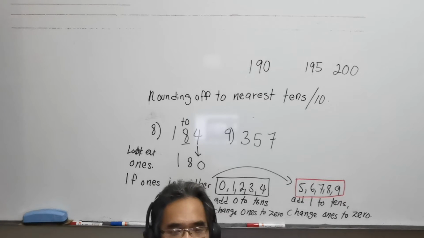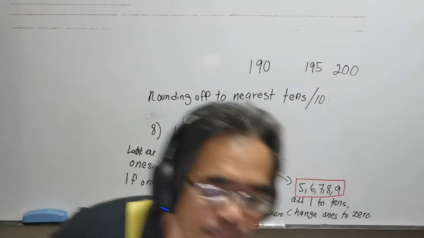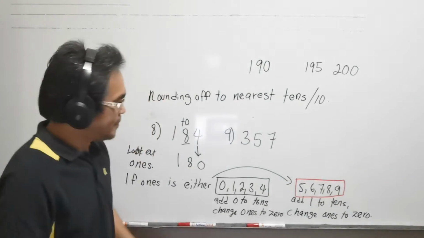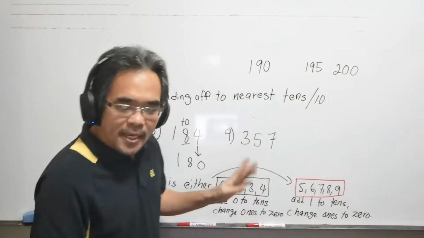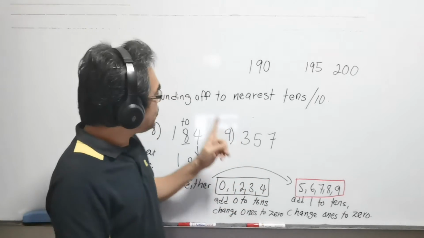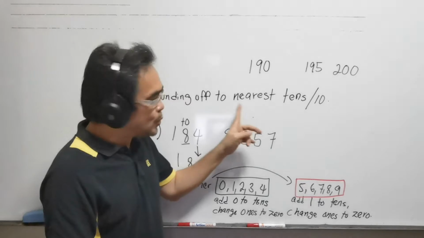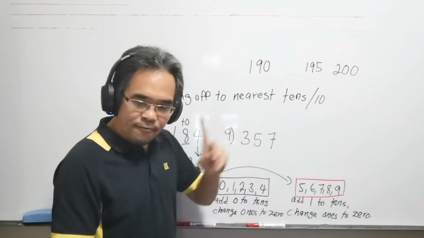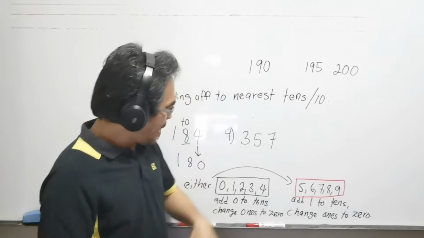Okay, are you ready? Okay. Alright, let me repeat the process. If you have to round off a number to the nearest tens, first, what do you do?